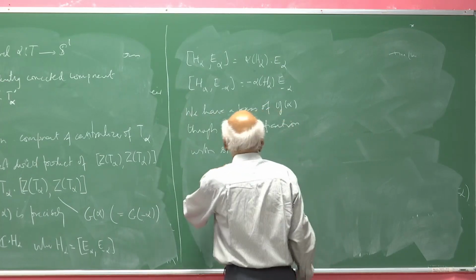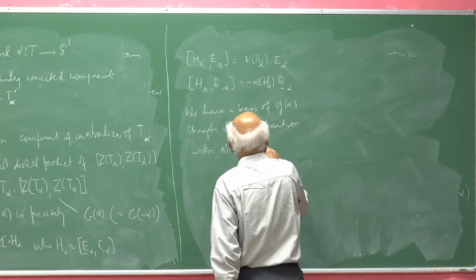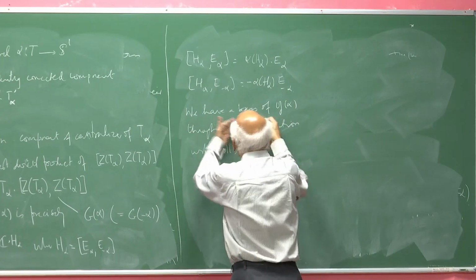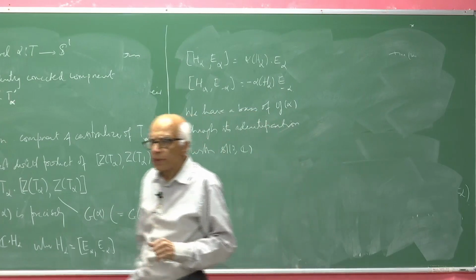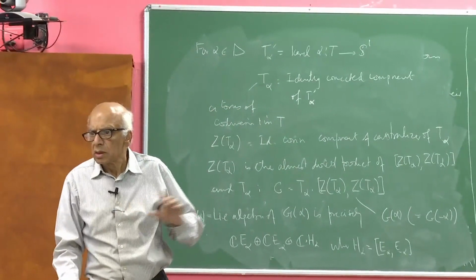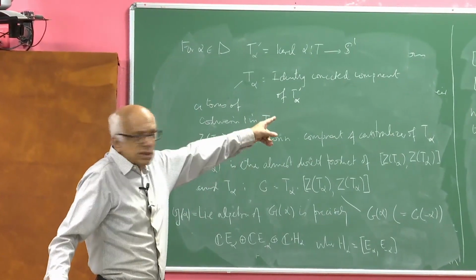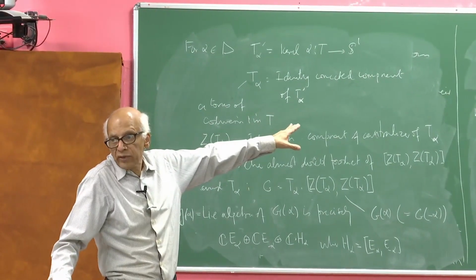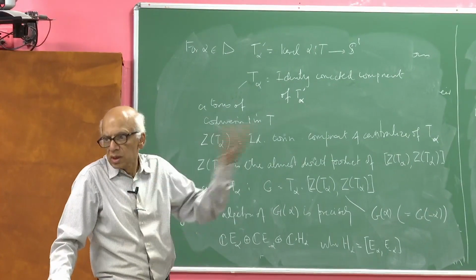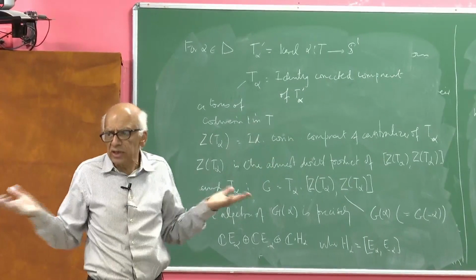Now, H alpha is so chosen so that it is SL2, that the values are 2. No, as things stand, it's not quite SL2. I have to be careful. I have to modify H. If I want 2, I have to modify H. If I modify H, things will work out.